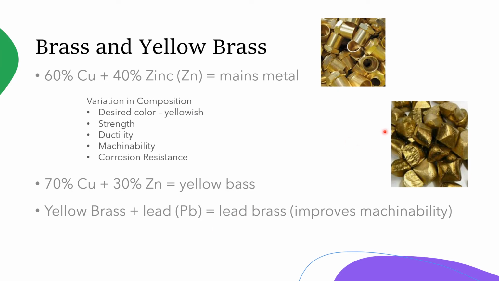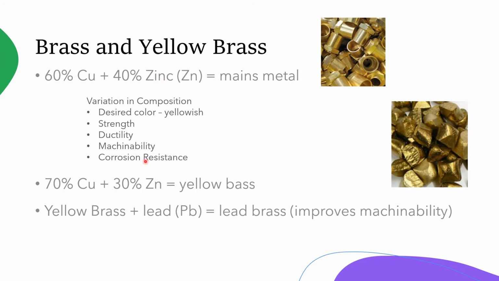And then you have a different composition, because the variation in composition will give you different quality. So the variation depends on what you're putting into copper, because they're alloys anyway. So we study these variations because we want the desired color, strength, ductility, machinability, and corrosion resistance, in different degrees.